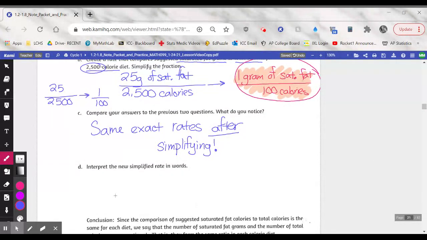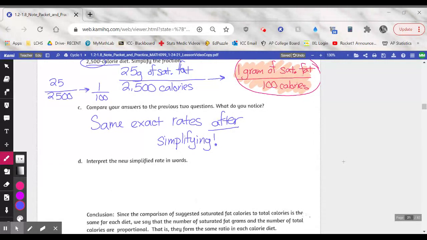For part D, it says to interpret the new simplified rate in words. And this is something that we talked about when we looked at really what this meant.